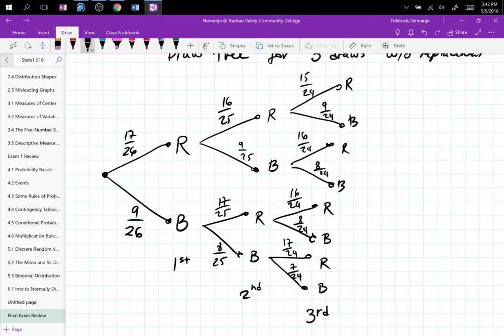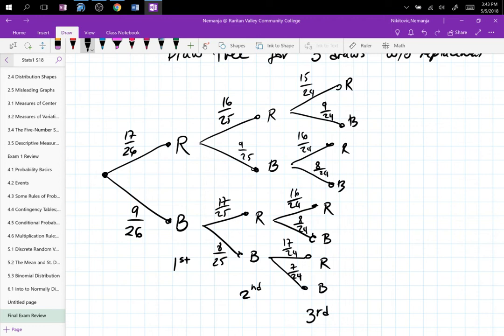But the probability of choosing a black from those 16 out of 25, that doesn't make any sense. That's why my question is, don't some of these combine? Yes, they are, but it doesn't matter.